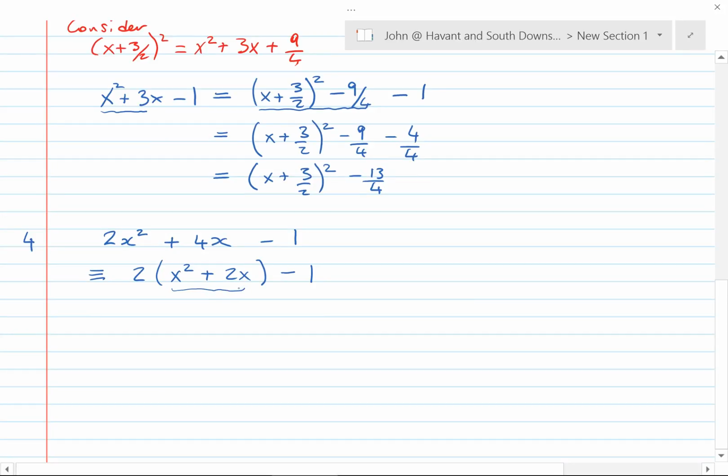Okay, so the thing I need to consider is this number half, so it's x plus 1 squared. So that equals x squared plus 2x plus 1.